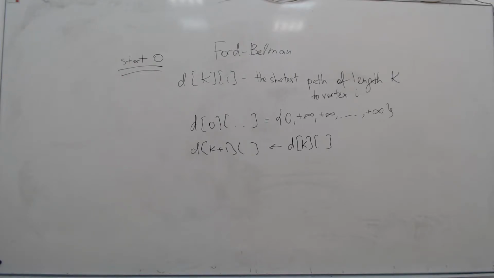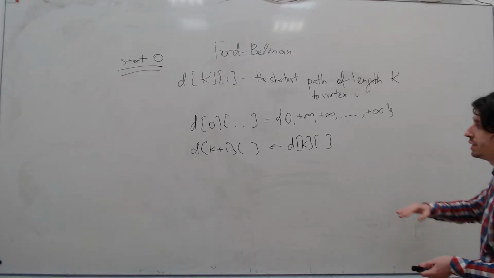Do we know the vertices for this path, or not? No, we don't know. We simply maintain their shortest distance, the length of the shortest path. Wouldn't it be just 0, infinity, infinity, infinity, and so on?